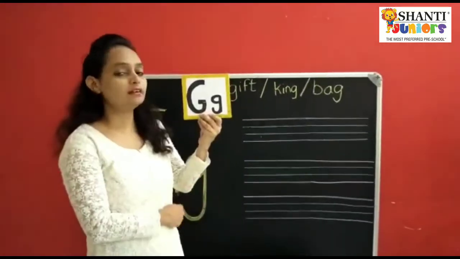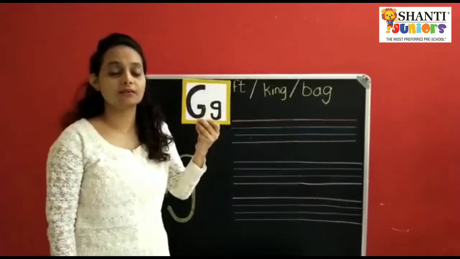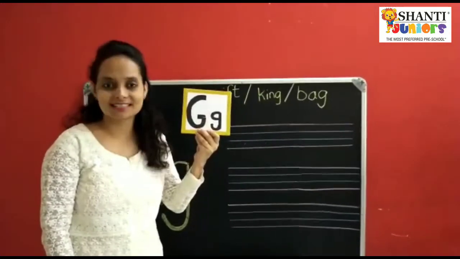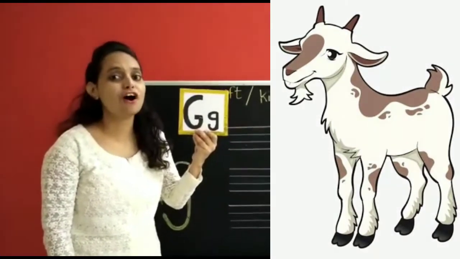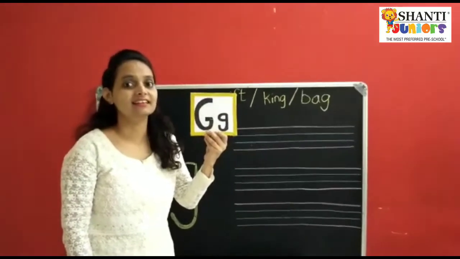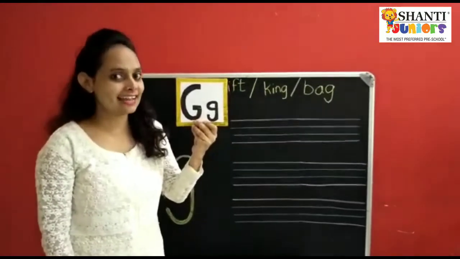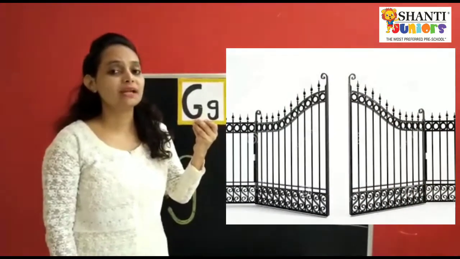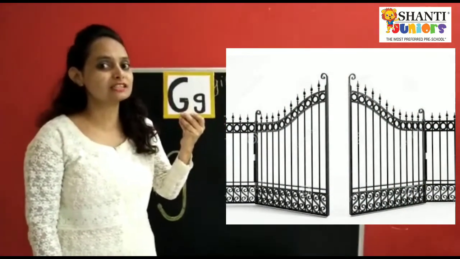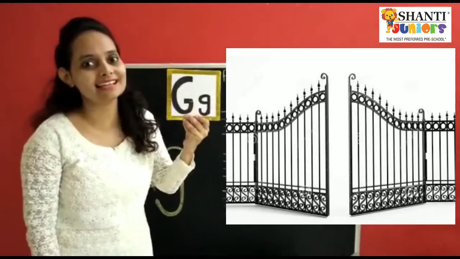And children, the words that start with letter G are, tell me, G for goat. Yes. G for girl. Can you see the girl? Yes, it's a girl. G for gate. Yes. When we enter a building, there is a big gate. Can you see this picture? Yes, it's a gate.